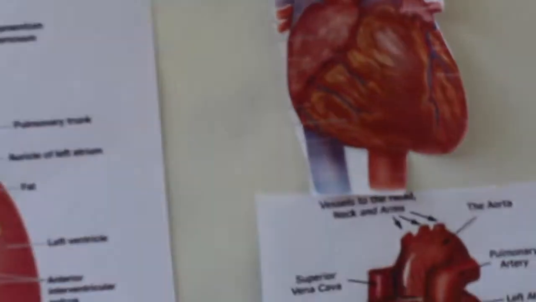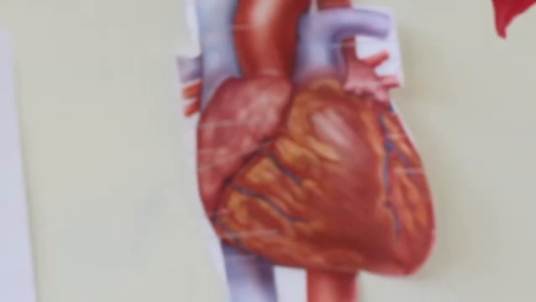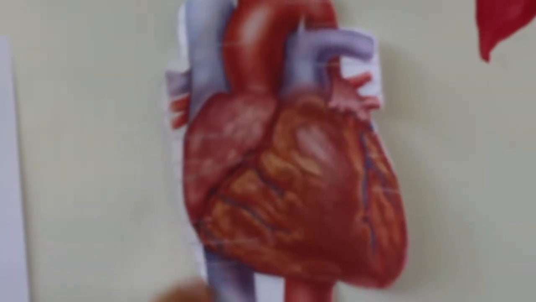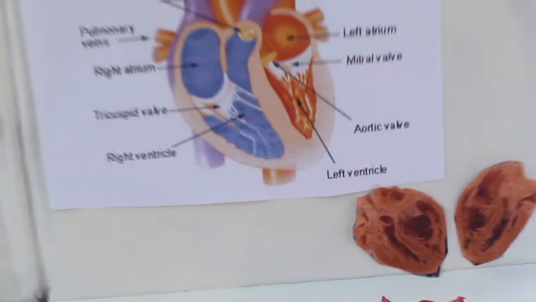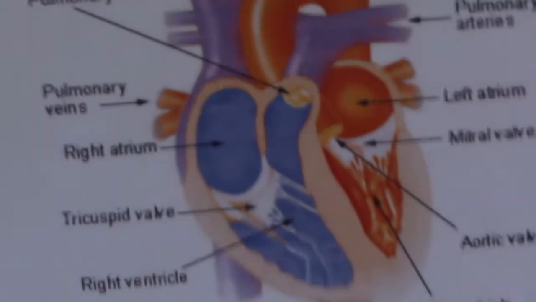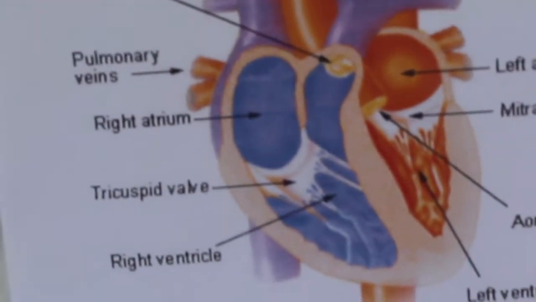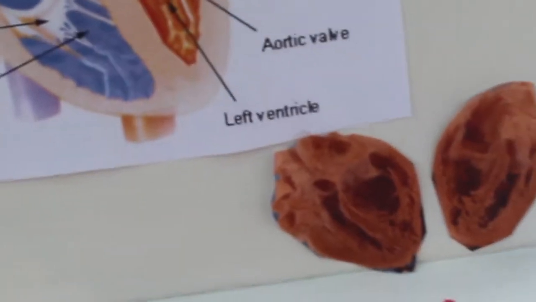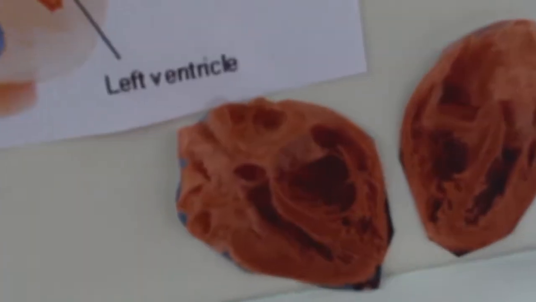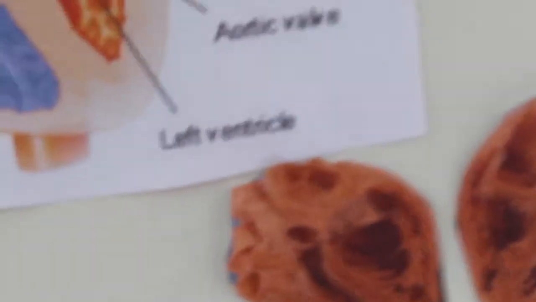Then we have over here a picture of a real heart, as well as the continuation of the superior vena cava right there. Moving on to the internal anatomy, we have the same thing. We have labeled the internal anatomy of the heart and a picture of both sides of the interior of the heart.